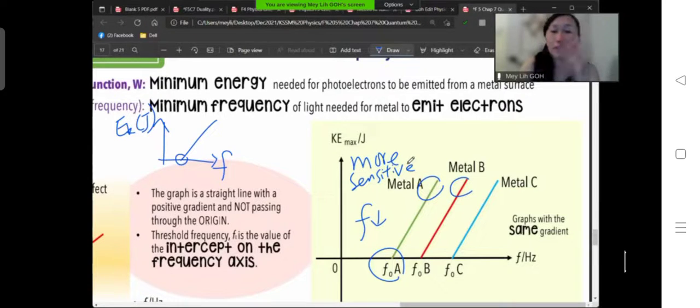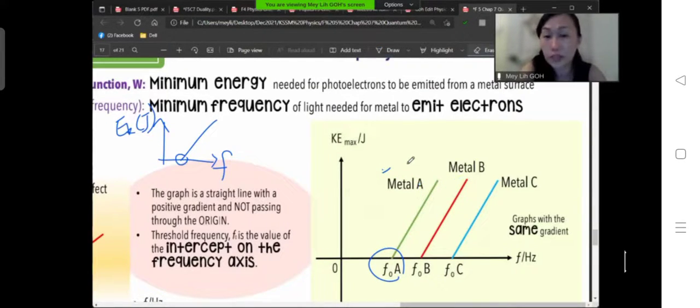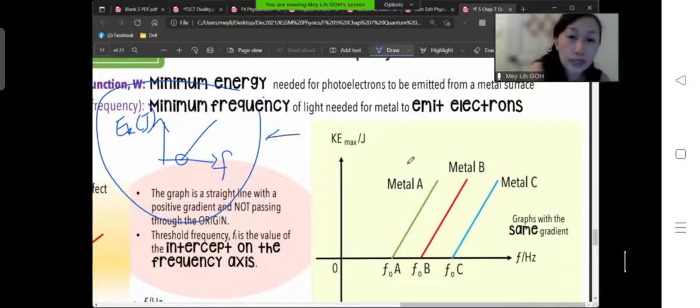Just now in 7.2 photoelectric effect, we saw this graph. Now in 7.3, no matter what Einstein says, it is still the same graph. You are looking at this graph with 3 different colors, 3 different metals. Don't worry, if you can understand this, good. That's the main point.